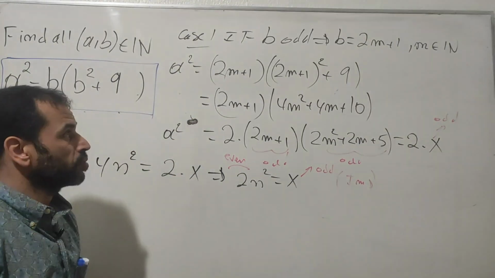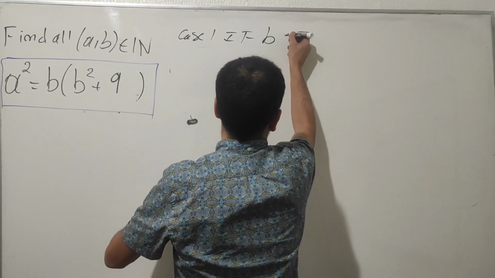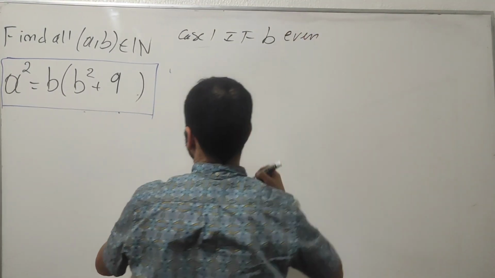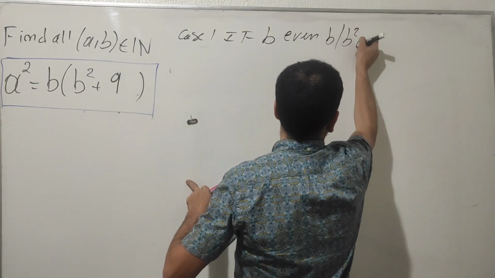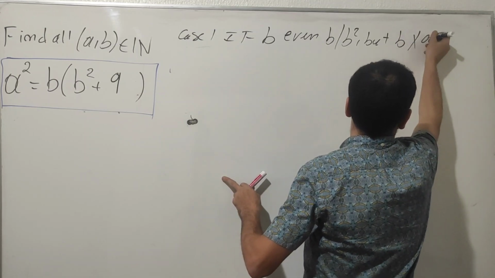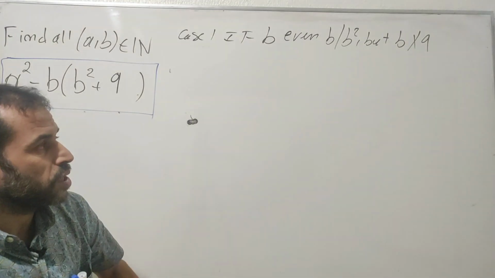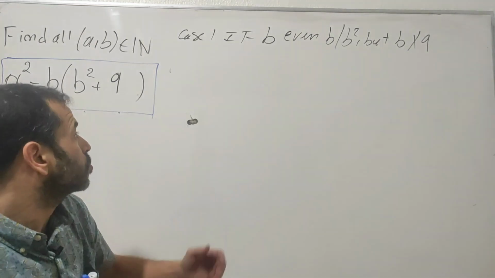Now let's erase this board and move on to the next board. In this second case, if b is even, we know b divides b squared, but b cannot divide 9, because the numerator, if it's even, cannot divide the denominator if it's odd. This is what happened here.